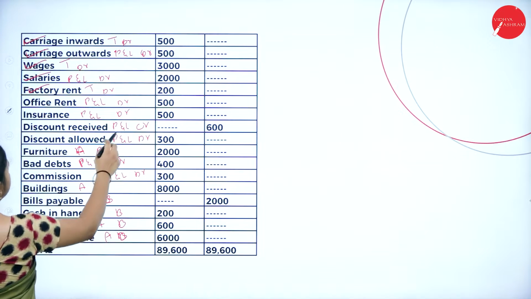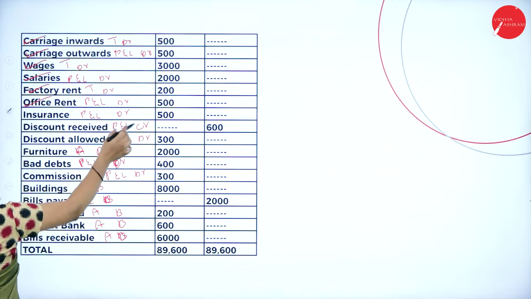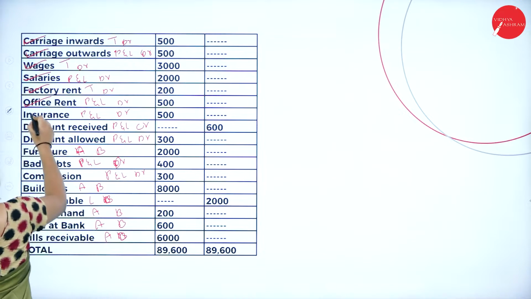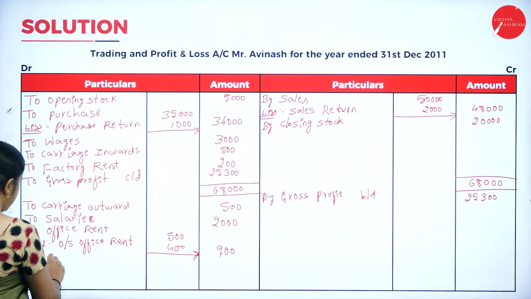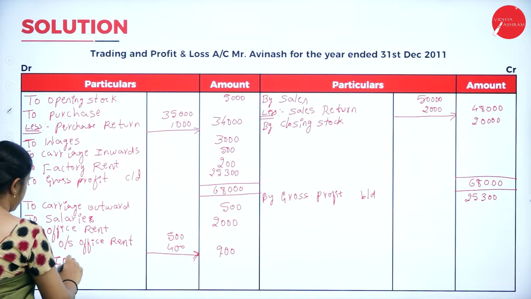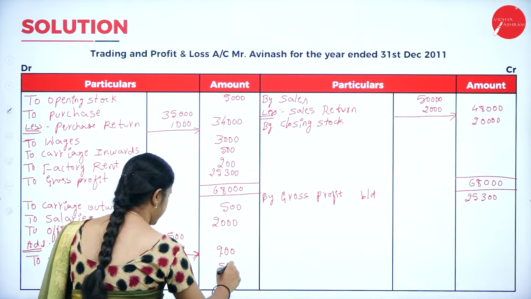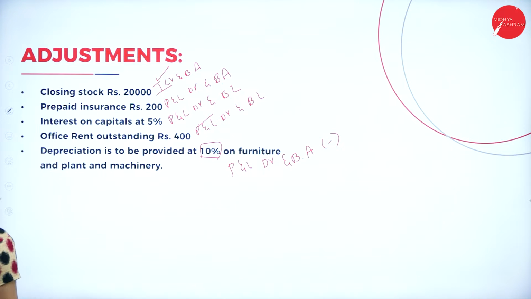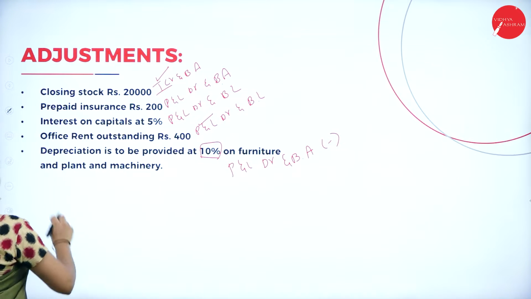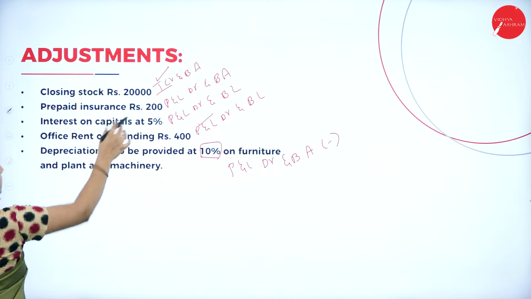Next, insurance 500. To insurance 500. For insurance we have an adjustment, so we need to deduct prepaid insurance.